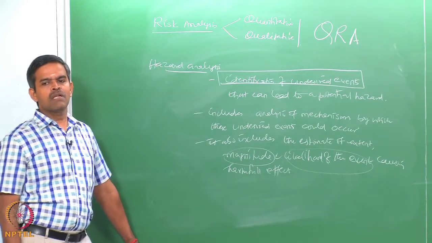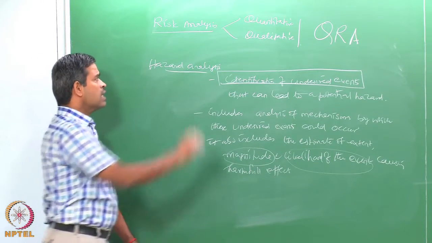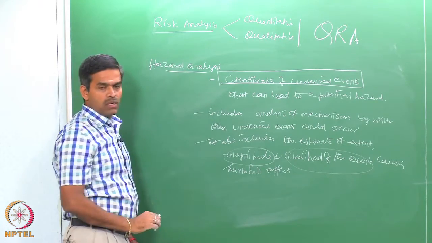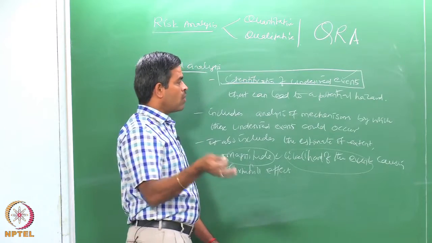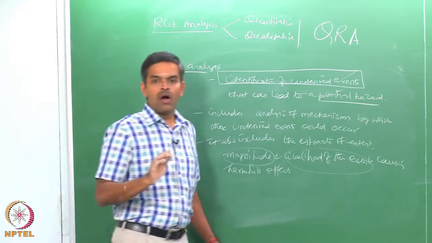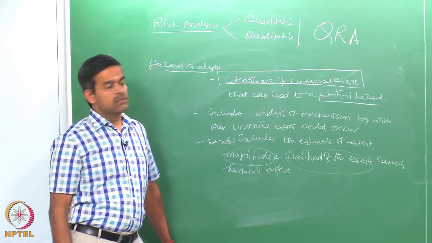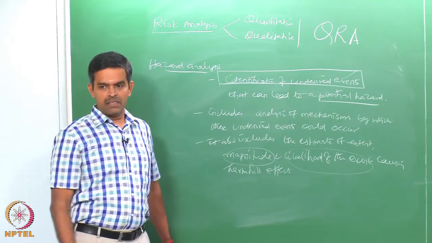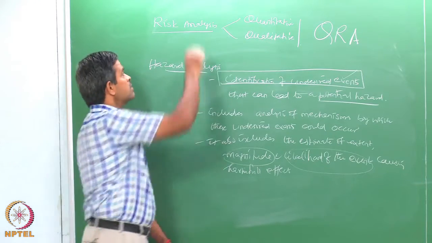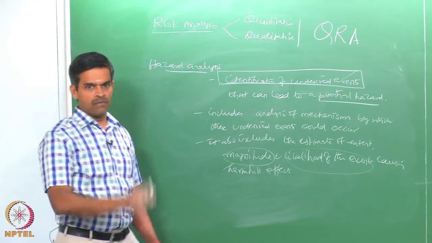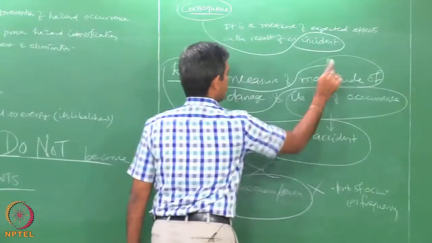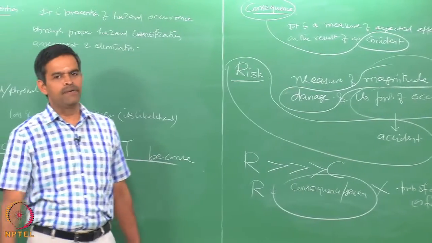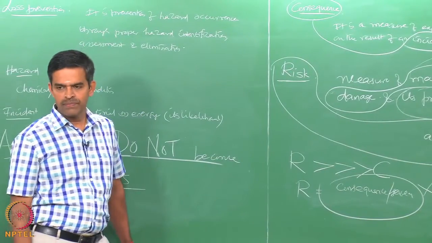Please understand, gentlemen and ladies, hazard analysis only talks about undesired events which are likely to cause a potential hazard. There is no occurrence of the event. The events may likely occur, it is an anticipation, whereas risk deals with the occurred events. The damage is caused. For sure it has happened, the damage has been caused.